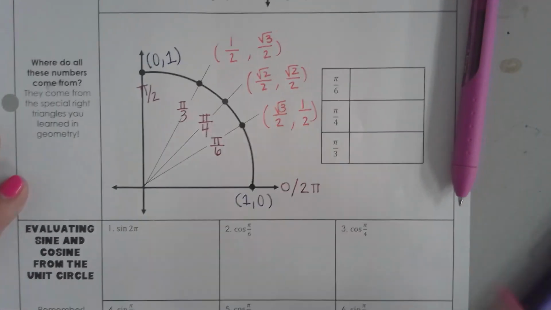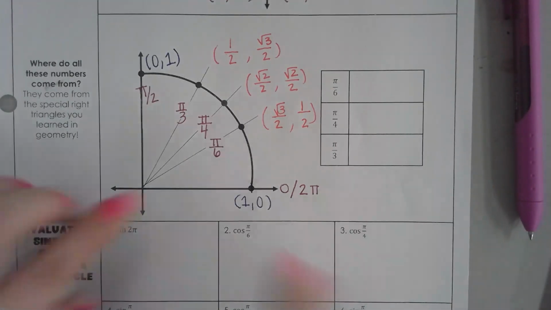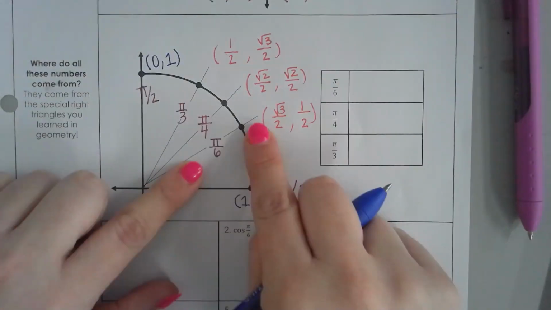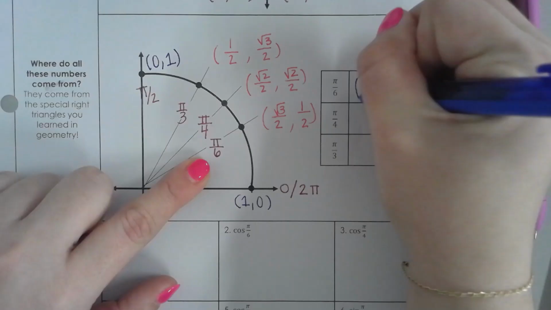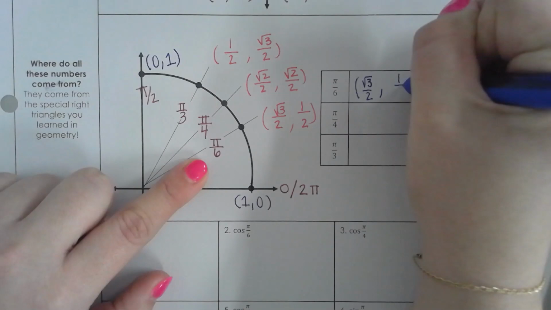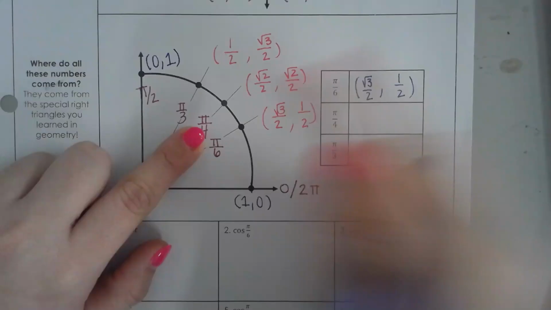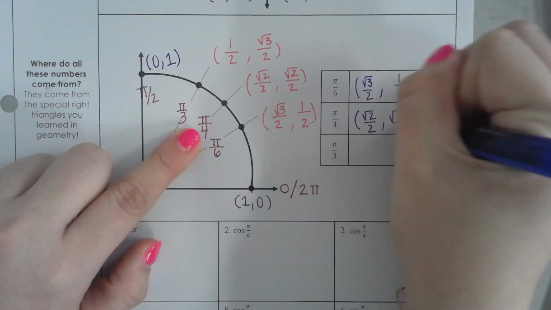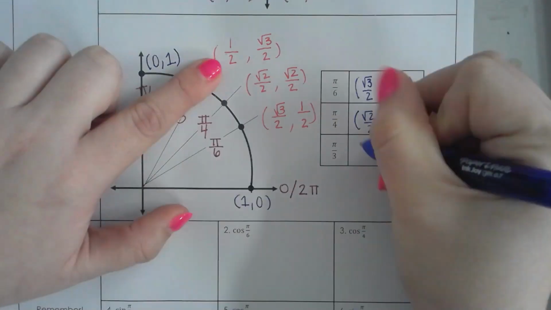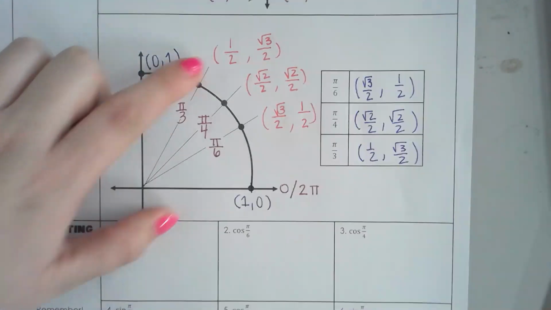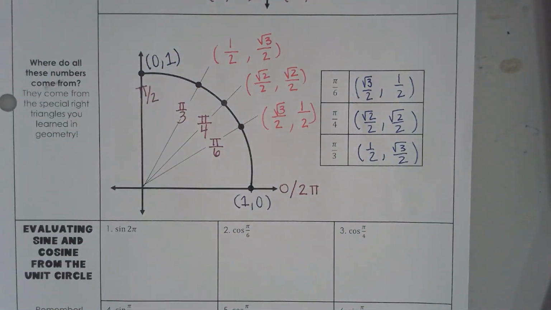So I'm going to write over here on the side, and then 1/2, square root of 3 over 2.